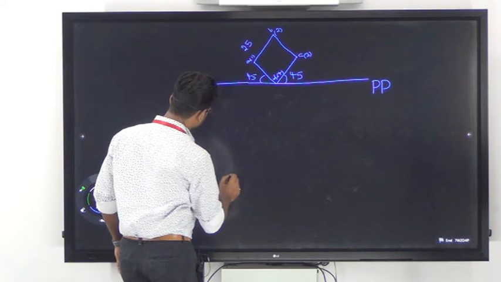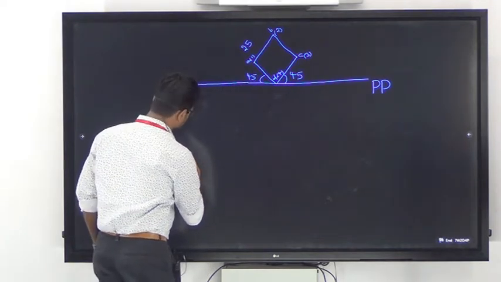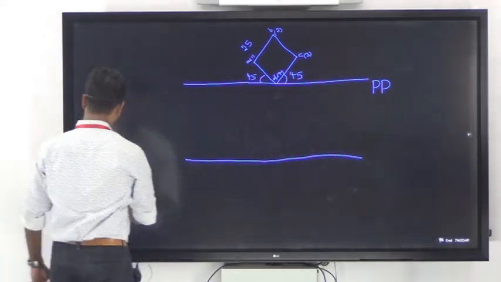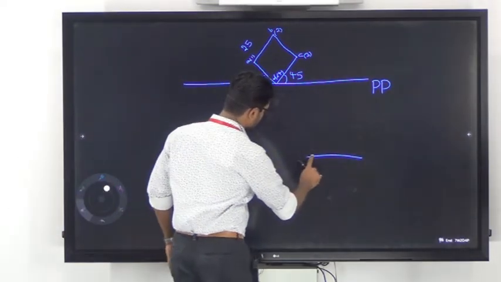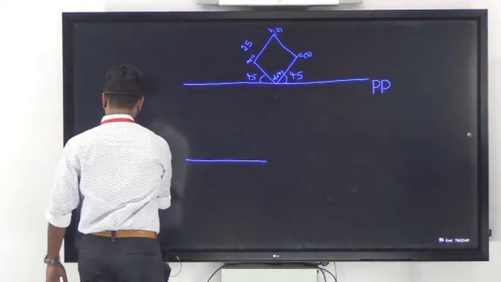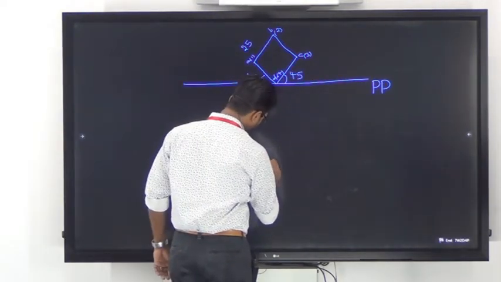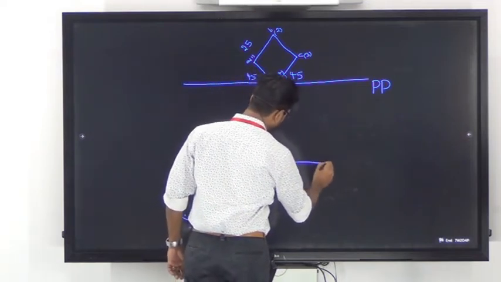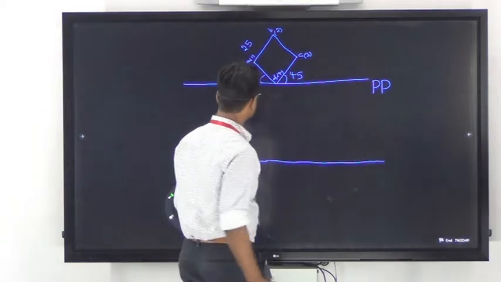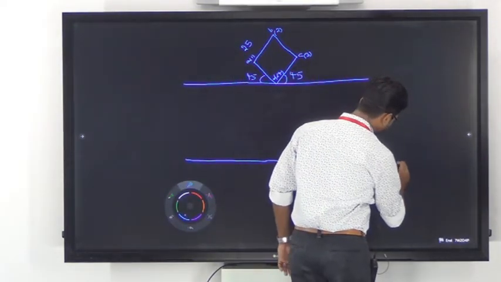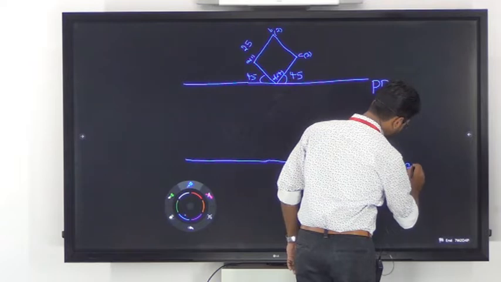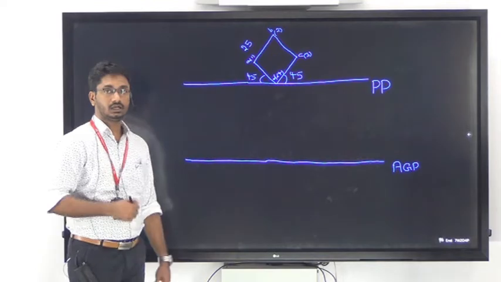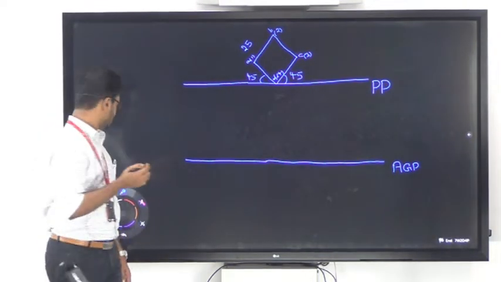So you can draw the front view of the auxiliary ground plane at a convenient distance. So this is the front view of the auxiliary ground plane. Now to draw the front view of the cube, you have to draw projectors from the top view.